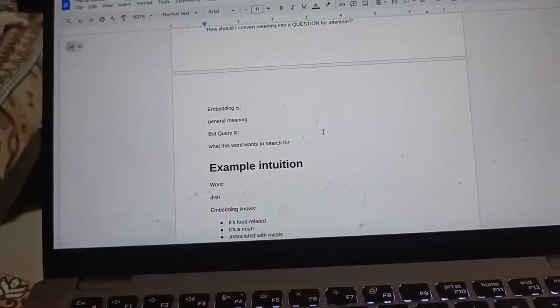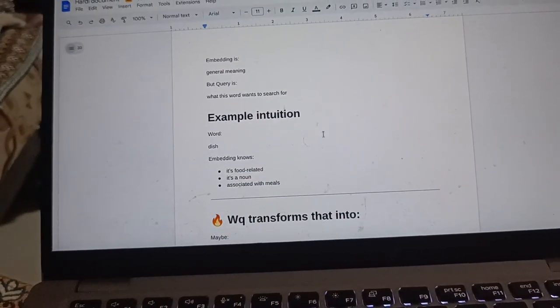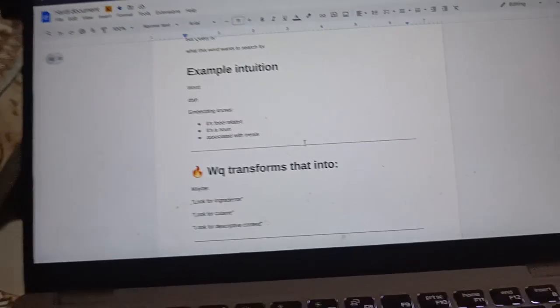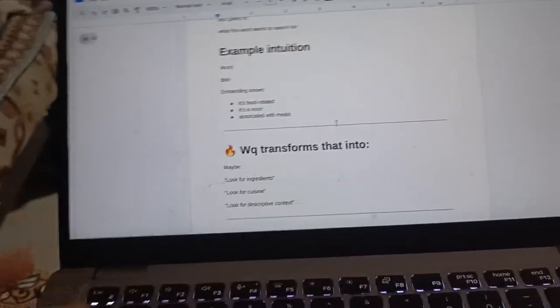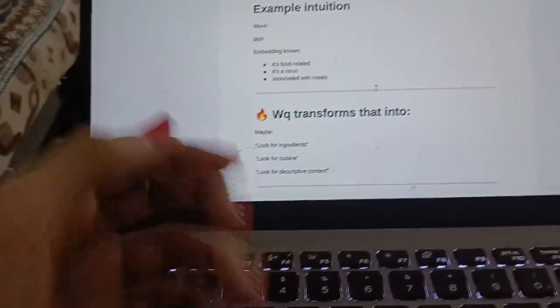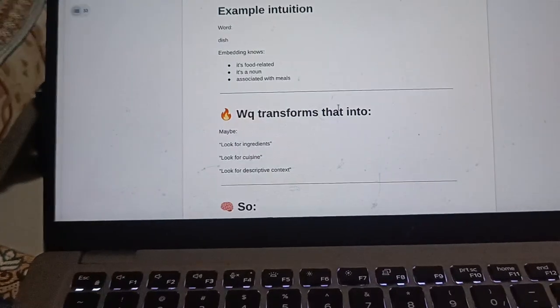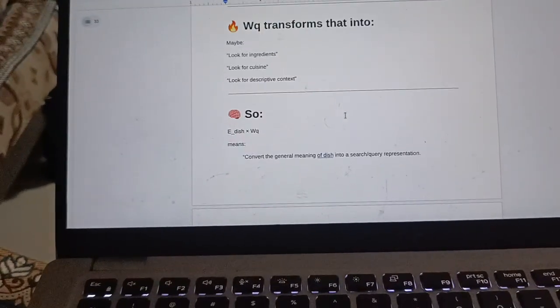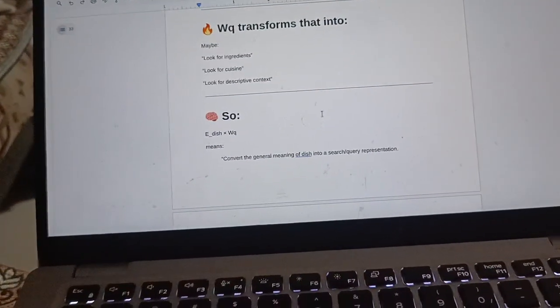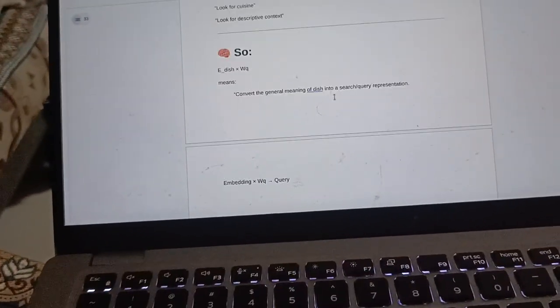So the word dish is food related, it's a noun, or do you want to go into grammar or the region it belongs to, and that's how we look for ingredients, cuisine, and descriptive context. So embedding of dish into WQ is where we get a query, the term Q.